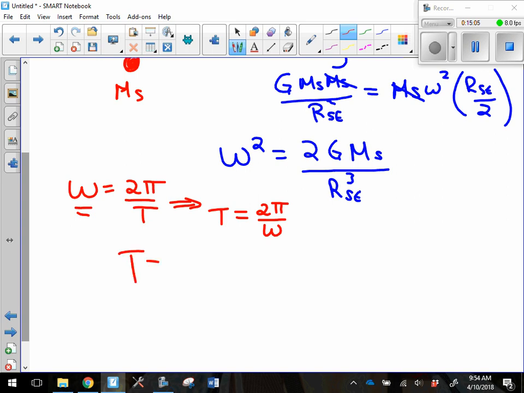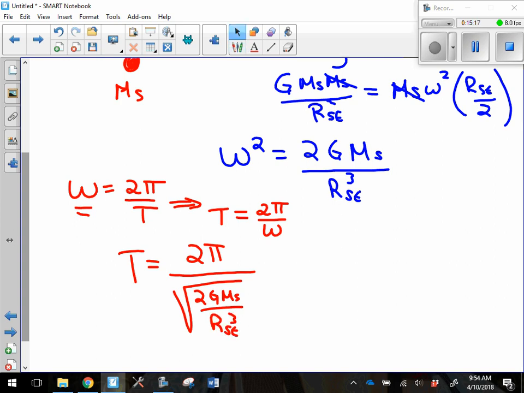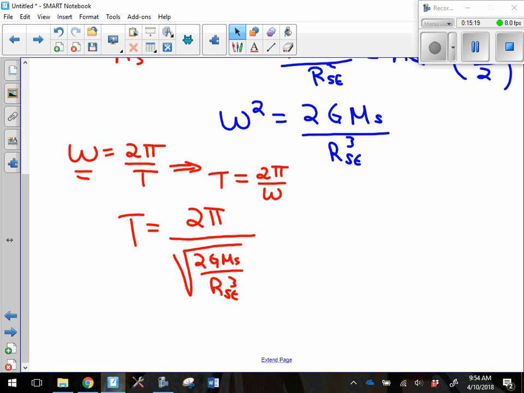And then we'll have to substitute in. So that's going to give me the square root of 2 pi squared r cubed over G M, which you could plug into a calculator, but I feel that's kind of a waste of our time.